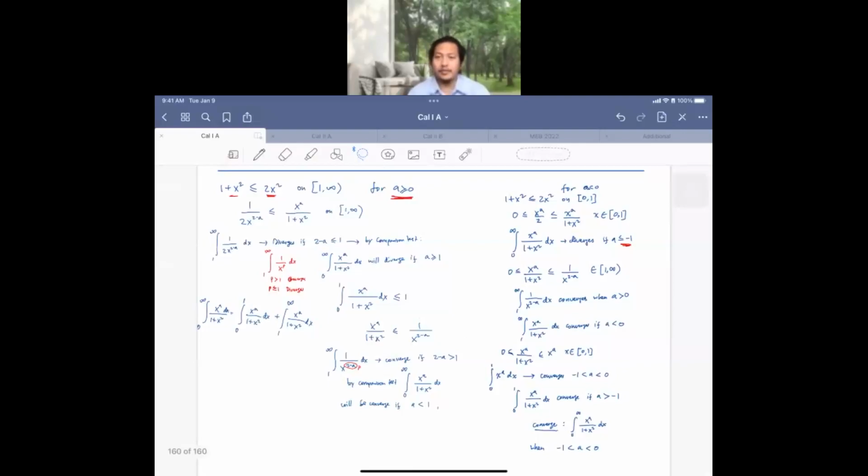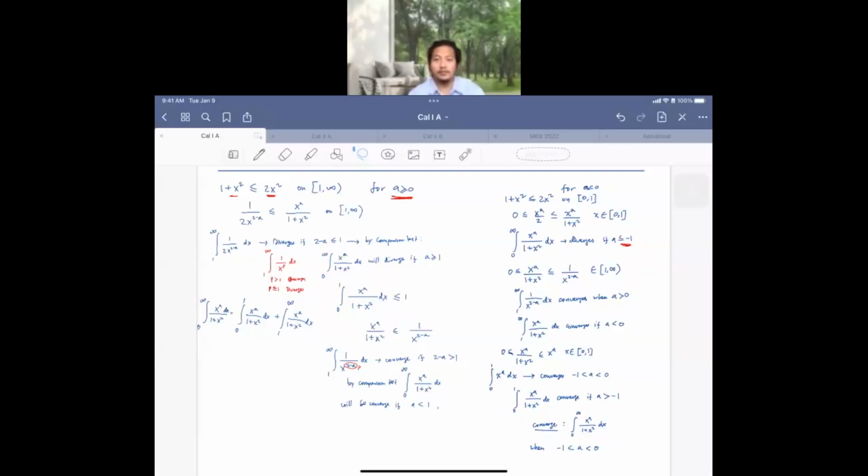So again, if you have this type of questions, one thing that you need to keep in mind is probably the p-series test, the p test, which one converges, which one diverges, and then you need to compare reasonable functions. And then the other one is to compare all the results you have and check.